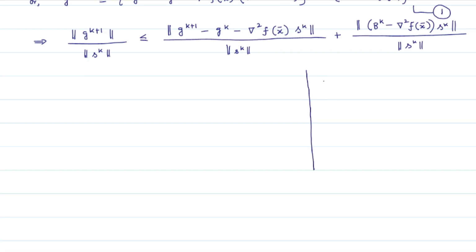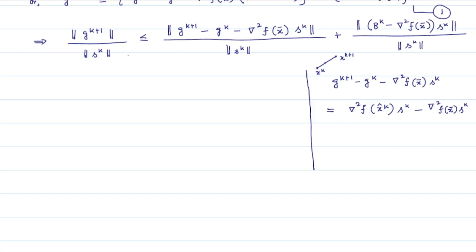We see that g_{k+1} minus g_k minus the Hessian at x bar times s_k is equal to, by the mean value theorem along the direction from x_k to x_{k+1}, the Hessian at some point, say x_k hat, where x_k hat is a point on the line segment joining x_k and x_{k+1}, times s_k, minus the remaining quantity, the Hessian at x bar times s_k.